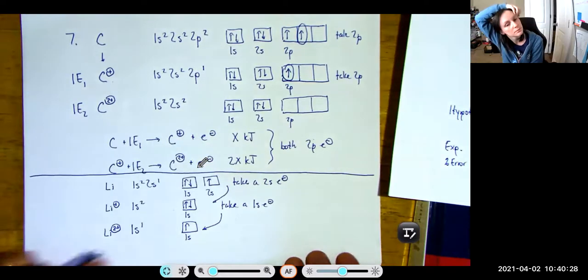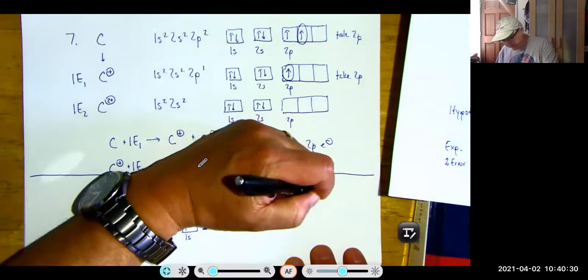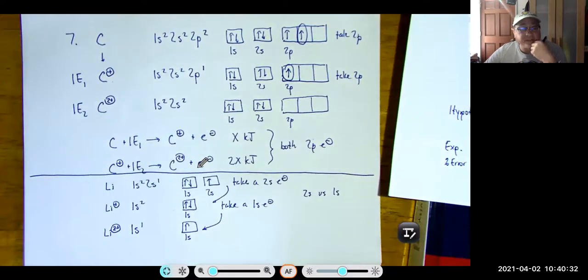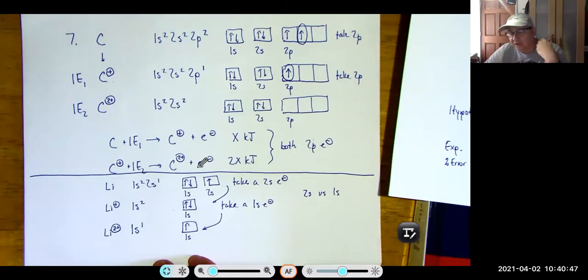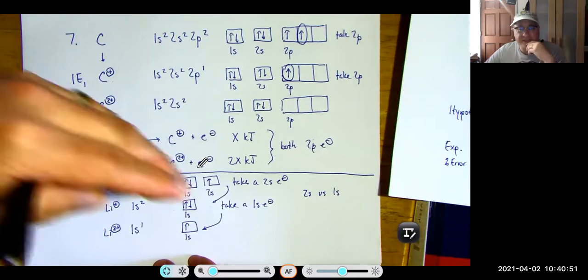So here we're looking at a 2s versus a 1s. Do we expect them to be similar or dissimilar? Dissimilar. Why? Because the difference in distance is greater. A 1s electron is much closer to the nucleus than a 2s, so a 2s should be much easier to take.